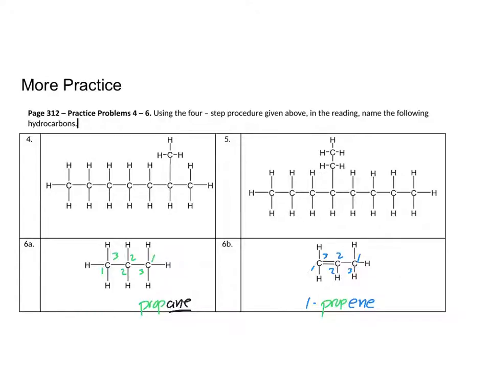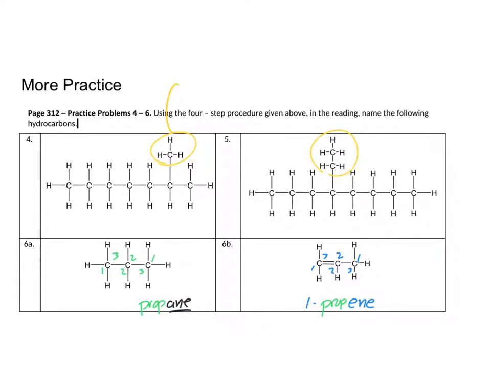Up in the top ones, we have these things here that are called branches or substituents. I believe the reading called them substituents. Branches or substituents are named for the number of carbons that are present.